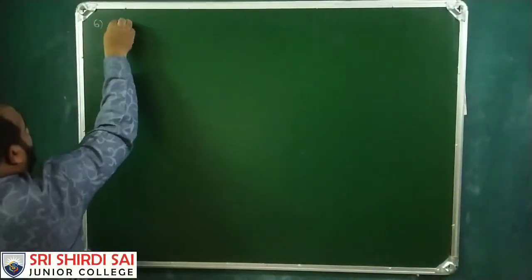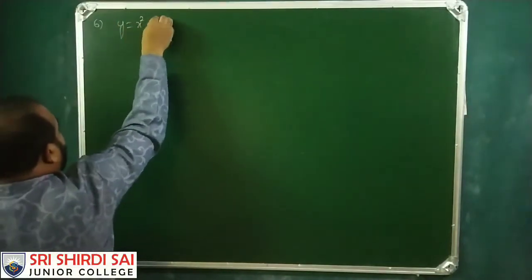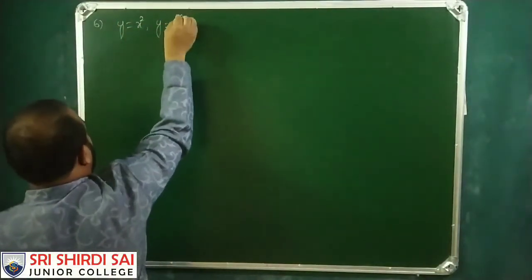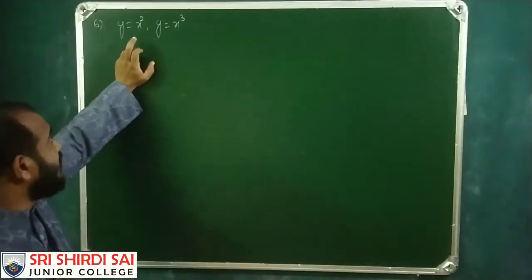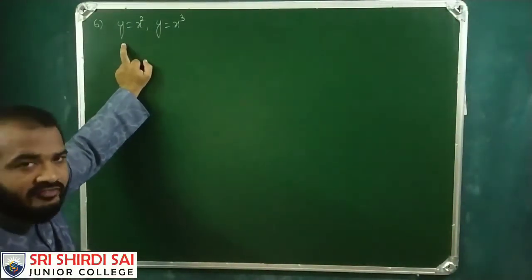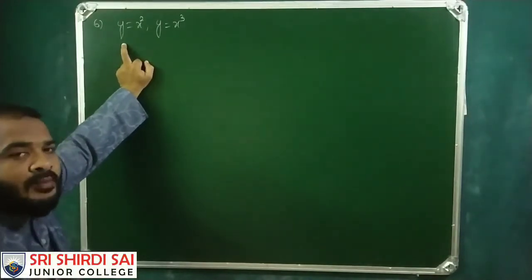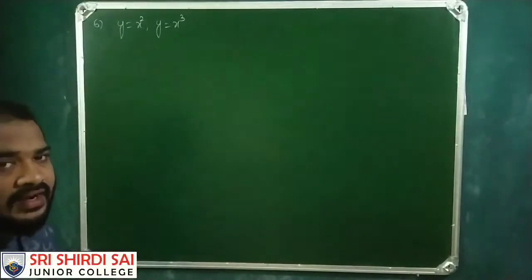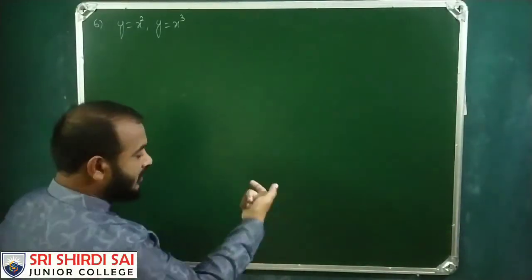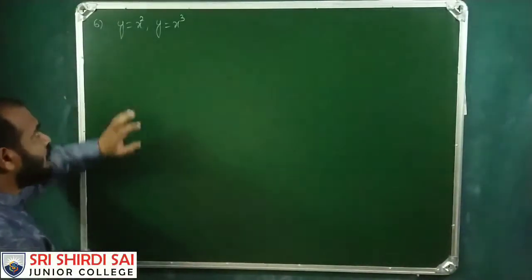Sixth question, y is equal to x square, y is equal to x cube. Y equals x square, we know that it is of the form x square equals 4ay, which is a standard form of the parabola whose vertex is at the origin, x power even, symmetric about the y axis. So there it would be an upward parabola. So this we know.